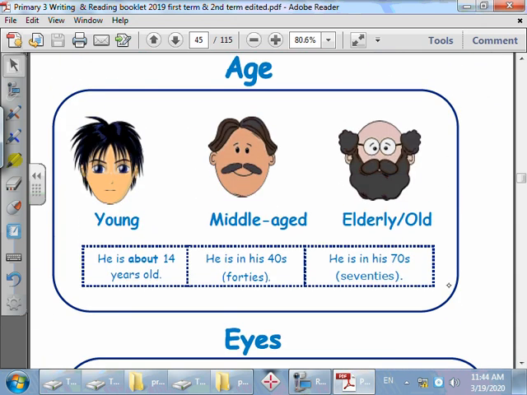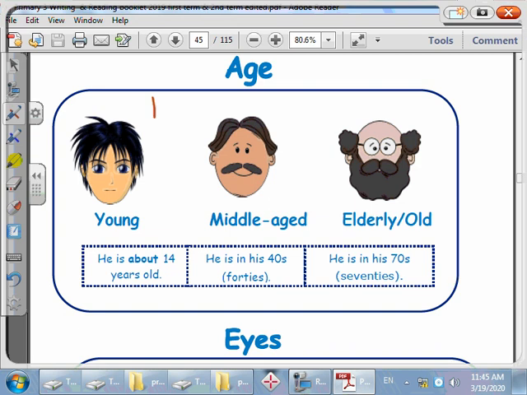Okay, on the next page, now when we talk about the age, instead of saying, for example, he is 14, he is 13, or whatever, we could use young, for example, or teenager. There's another word for teenager, like from 13, because it ends in teen, 13 until 18.